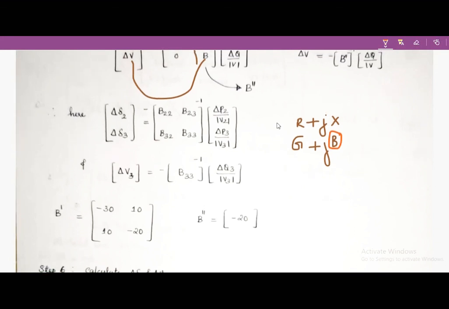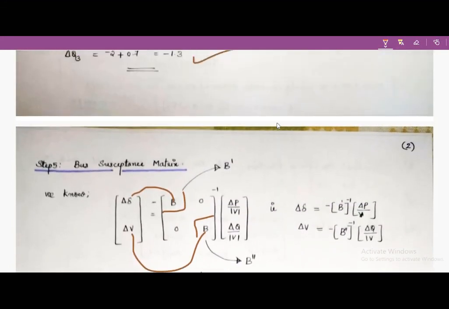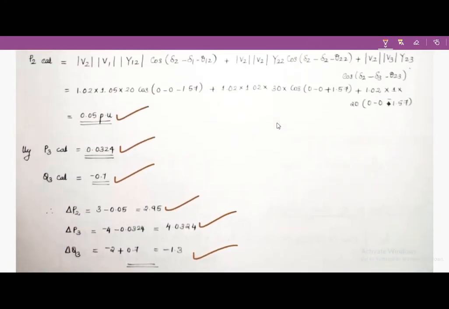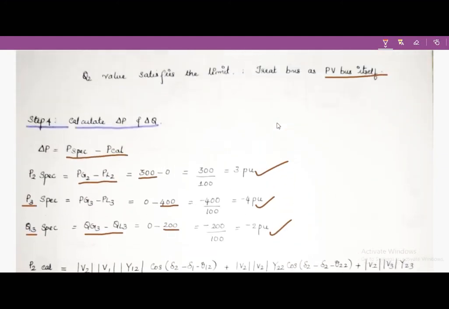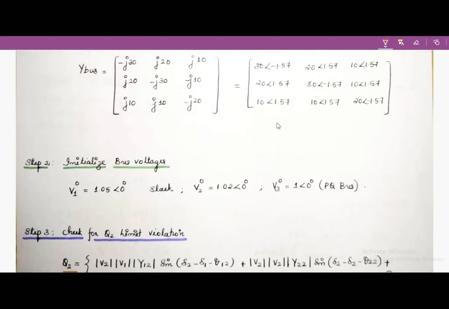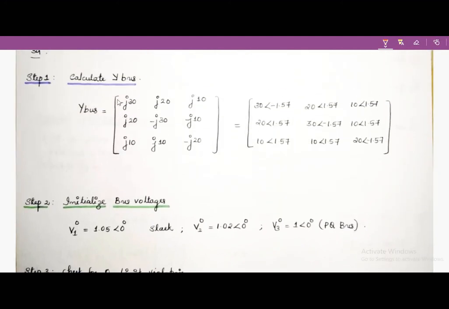So how will we be calculating B22? Now for that, let's see our bus admittance matrix. This is our bus admittance matrix. This is the first element of the admittance, that is Y11. This is Y12, Y13, Y21, Y22, Y23, like that. So if you want to know what is the value of B22, what is B?